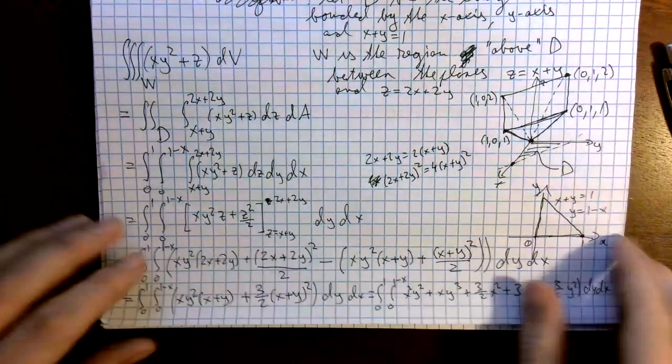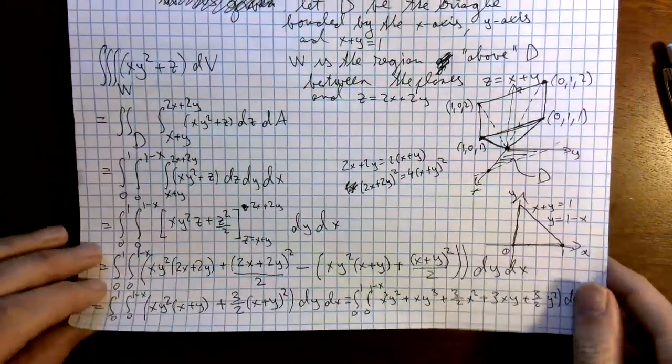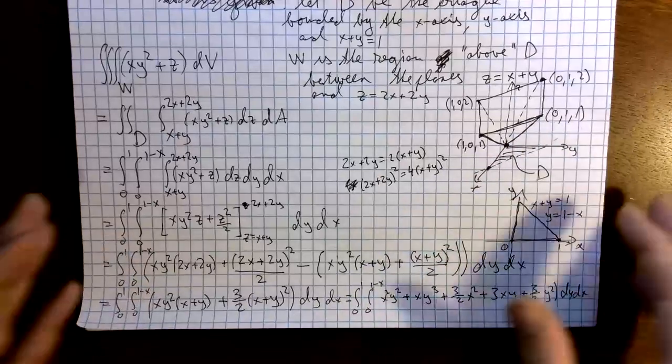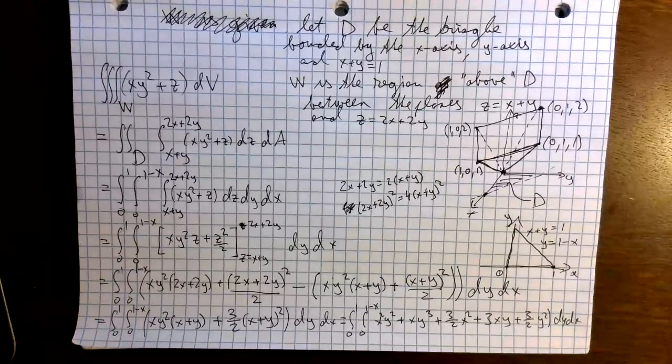So that's basically the way that this works. It's the same as for two variables. If you have three variables, it's actually going to be the same if you have 5 variables or 20 variables.